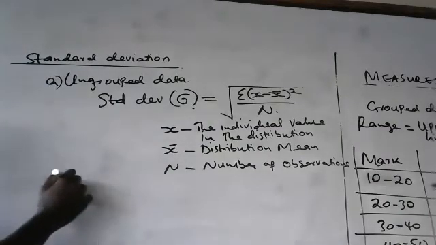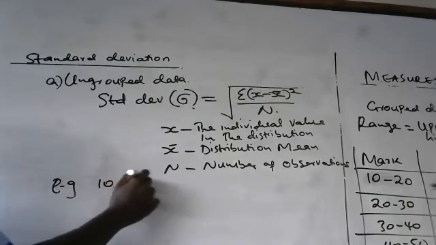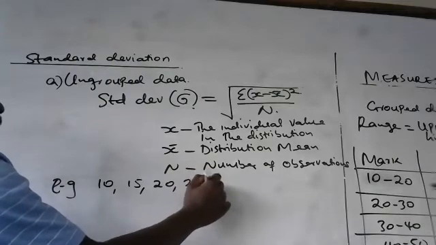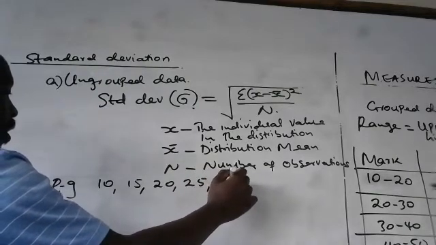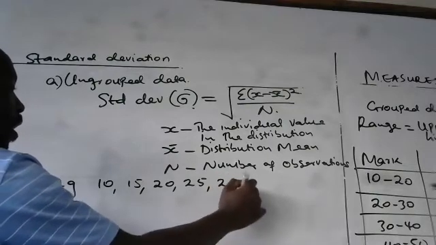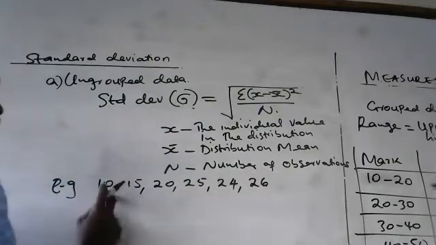For example, if you have a distribution like this, maybe it is 10, 15, 20, 25, and maybe 20, 24, and lastly maybe we have 26.